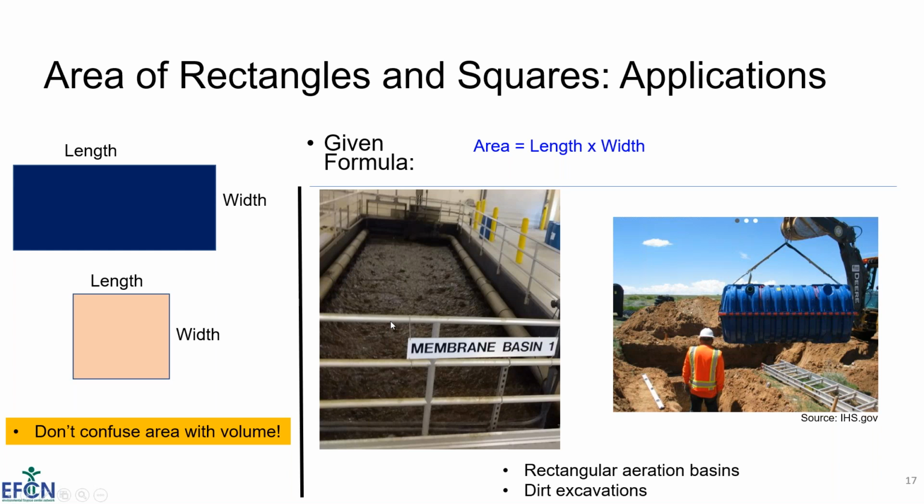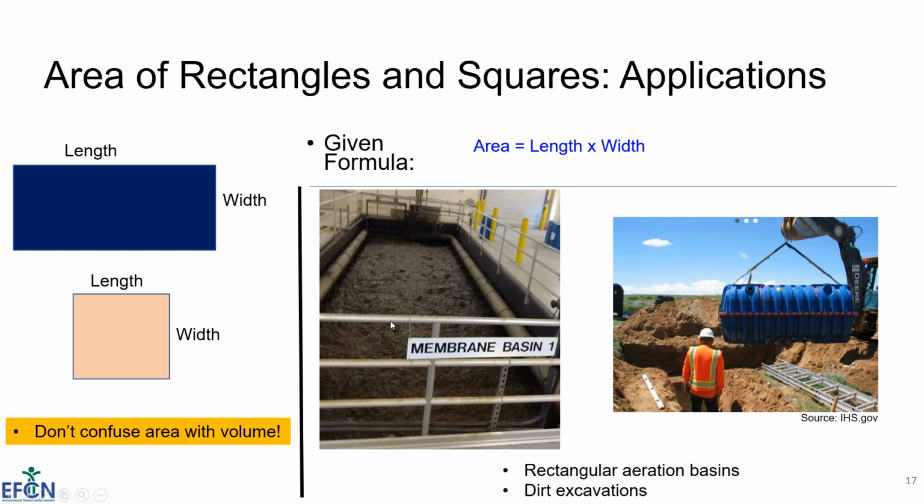Now, the area of a rectangle or a square is simply the length multiplied by the width. Squares have all four sides equal to each other. Rectangles have two sides that are equal to each other. And so make sure you understand those concepts. You might have aeration basins, or sometimes you might need to do some dirt excavations. You're digging out in the distribution.